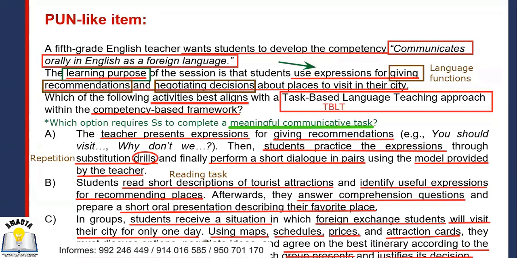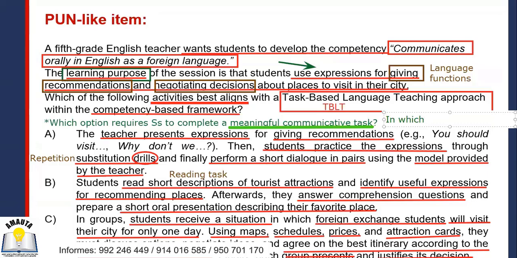What about this one? The group activity in which they receive the situation, right? In which of the activities is language used as a tool? You need to think about it.